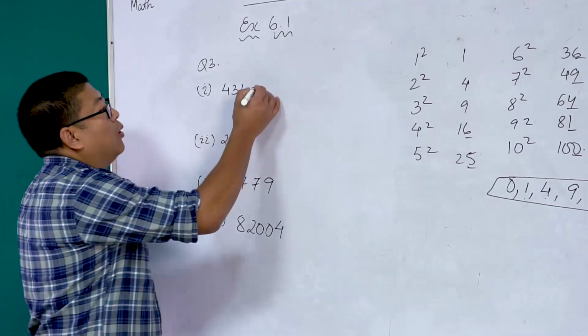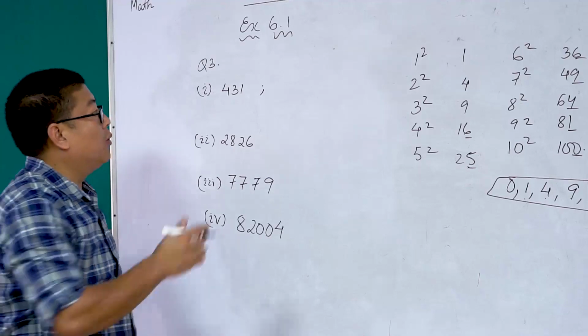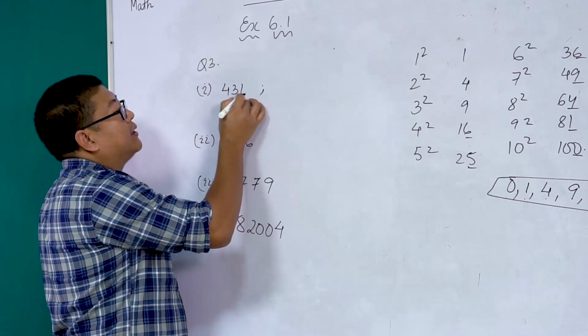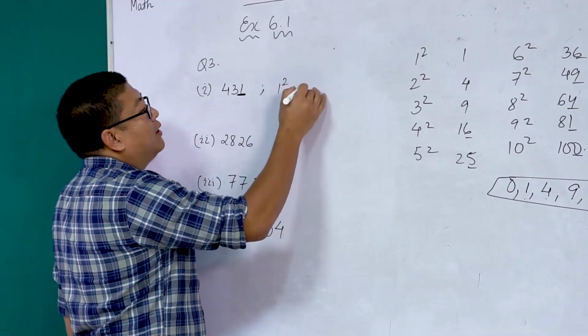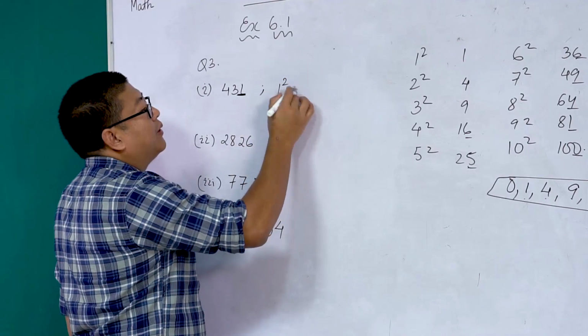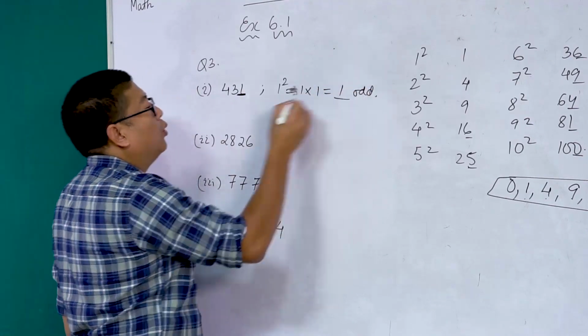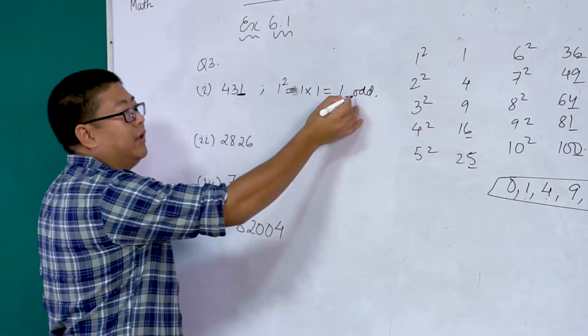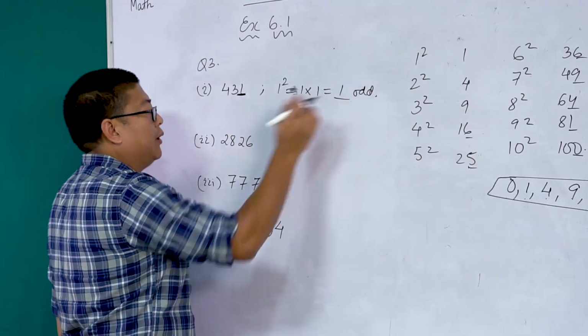So what we will do is, similar to question number 1, we're simply going to take the unit place digit, that is 1. 1 square is equal to 1 into 1, which is 1. 1 is odd. So its square will be odd. The answer after multiplying, whatever we get, it will be odd.